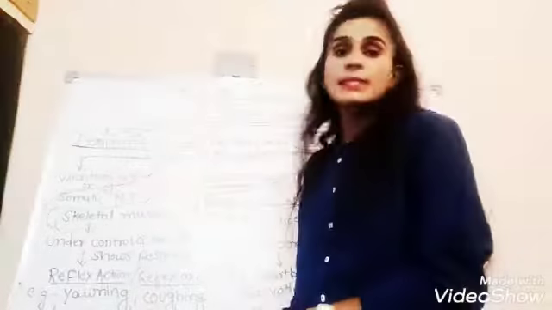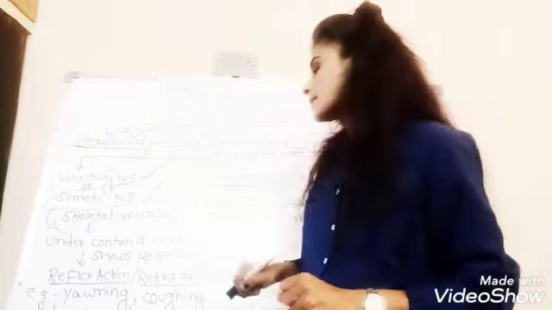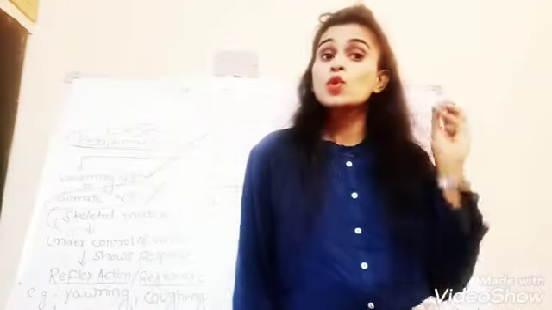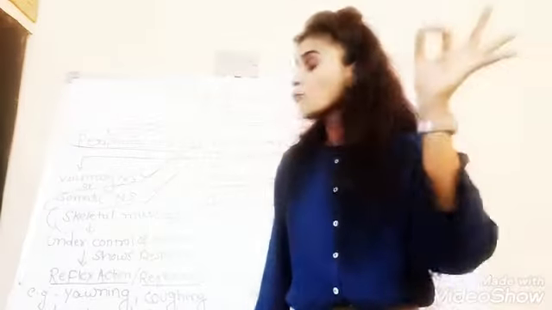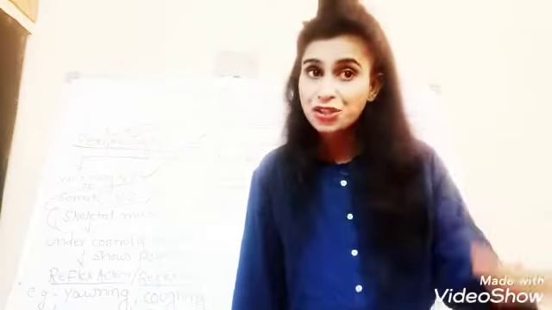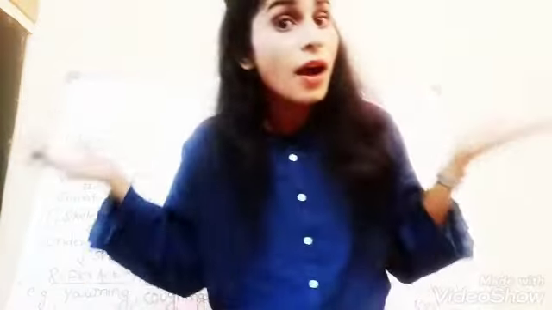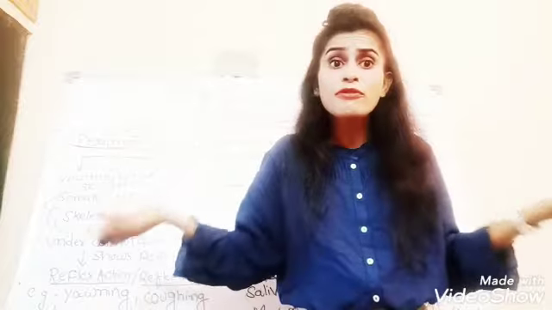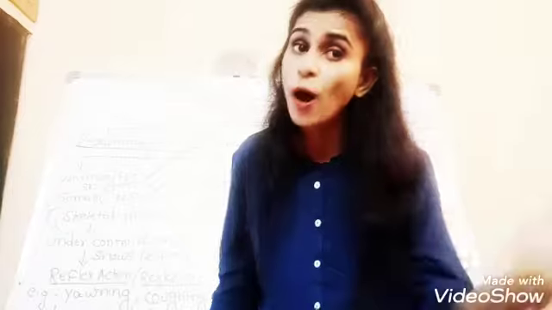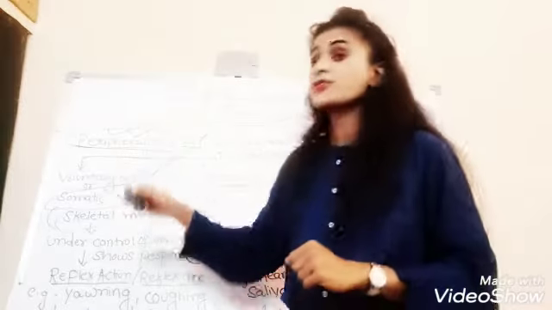voluntary nervous system or somatic nervous system is under the control of our will. The very word voluntary clearly describes that the action which is under our control, under our will, such actions are called voluntary nervous system.